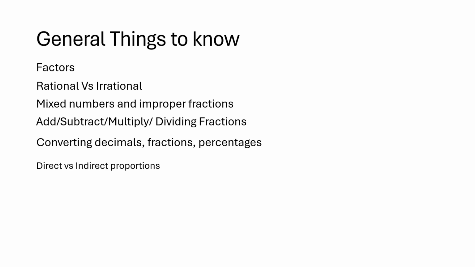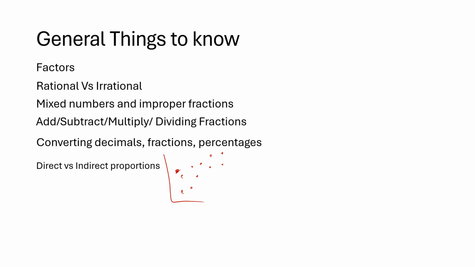What about direct and indirect proportion? I don't really think this is going to be on the test much, but a direct proportion is if we get an x and a y.